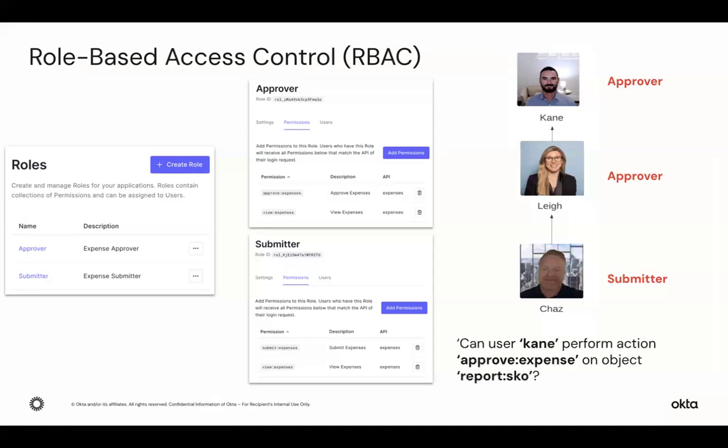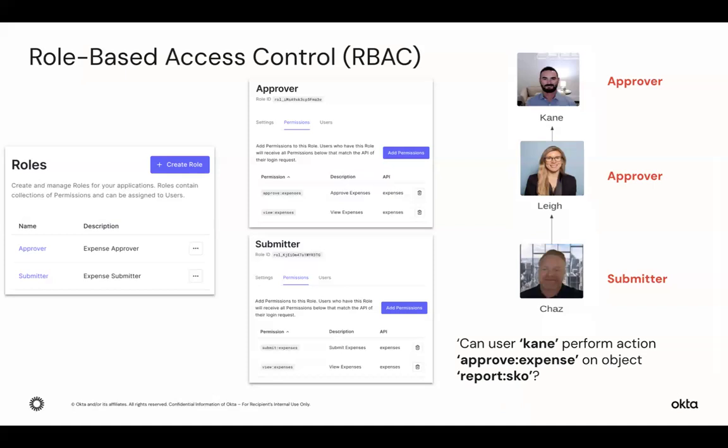Usually also with RBAC, you're going to find that you always want to check if a specific user can perform a specific action on an object. So in my case here, your application is always asking, can Ken perform approving for the expense report on this report or not? So that's how RBAC works.